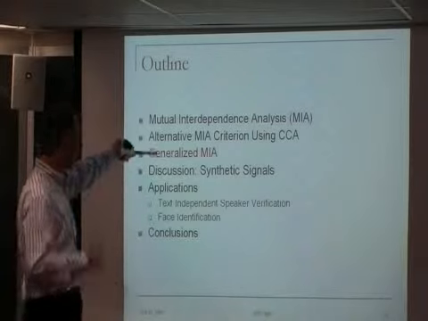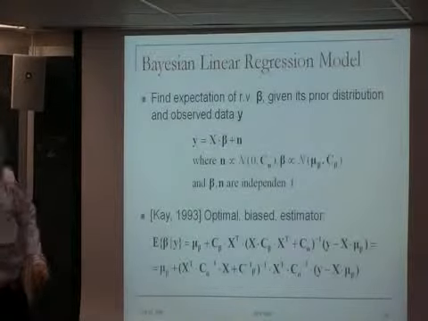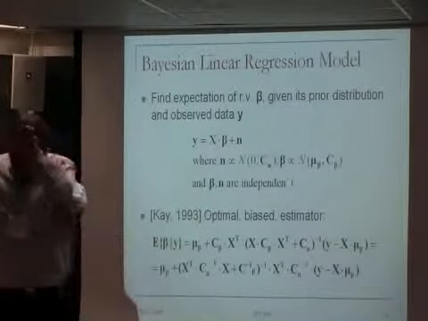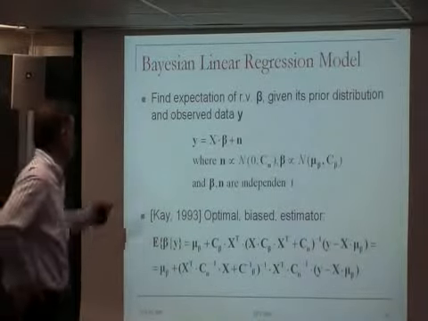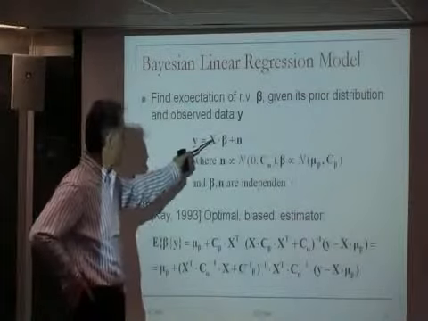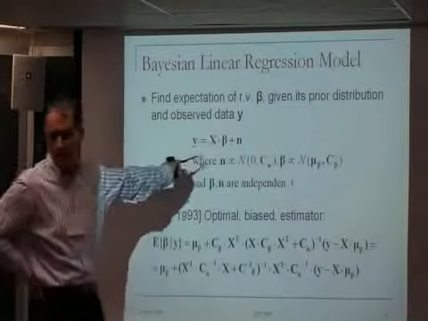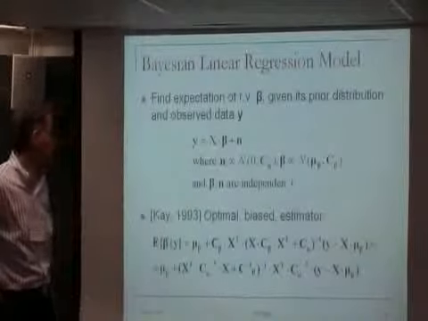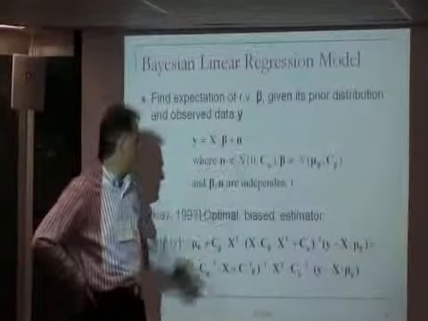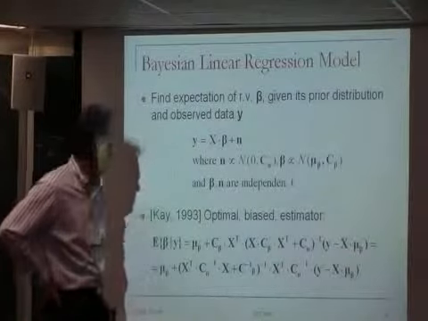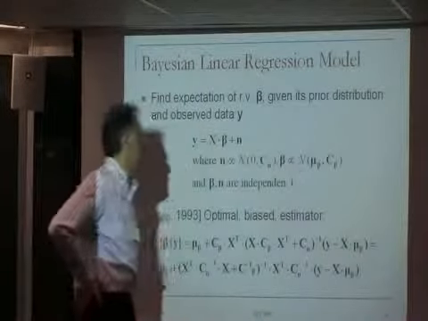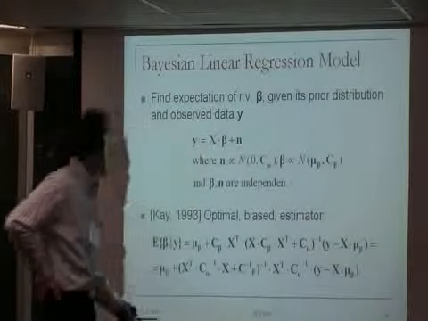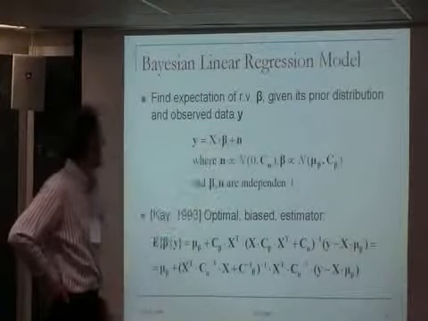Okay, so we'll take one more step in this adventure. Take the well-known Bayesian linear regression model. We have y equals x, a vector of random variables, times beta, plus noise. These are my observations. Assume noise is Gaussian and the beta prior is Gaussian with mean mu and a covariance, and these are independent.